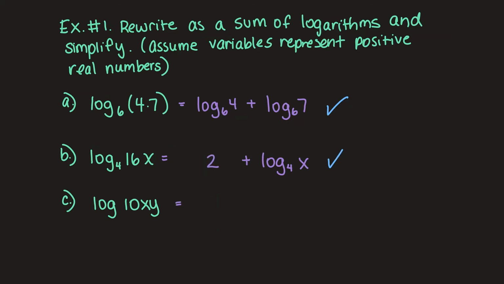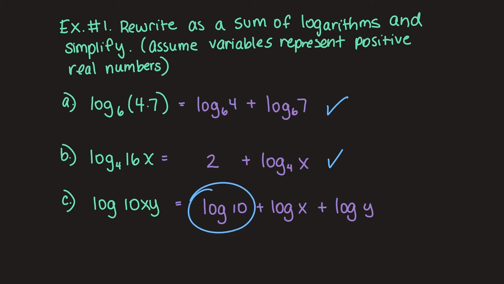And for the last example, the product rule can be applied for multiple factors in the input of the log. Here we have 3 factors. So log of 10 times x times y can be expanded as log of 10 plus log of x plus log of y. And we can simplify this logarithm since the base of 10 and the input are the same. And the value that we raised 10 by to get 10 is 1.